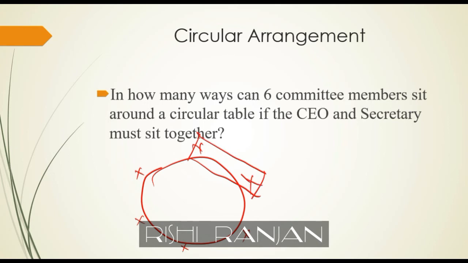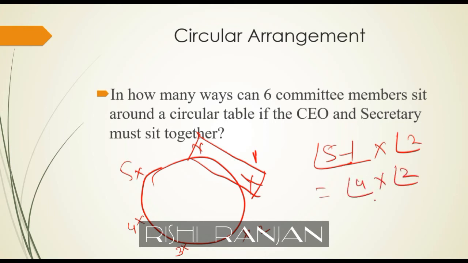Now whenever two people are together, we'll put them in one box and count it as 1. So let's count them as 1 only. 1, 2, 3, 4, 5. Factorial 5 minus 1, CEO and secretary together. They never told us the first one has to be the principal and the second one has to be the secretary, which means those two people can shuffle among themselves. So the answer becomes factorial 4 into factorial 2.